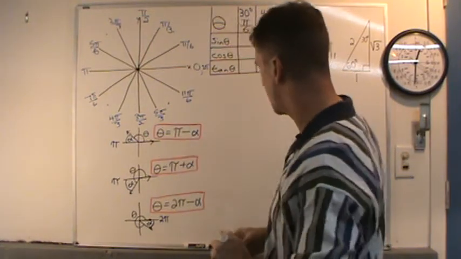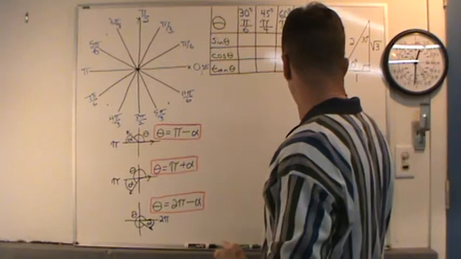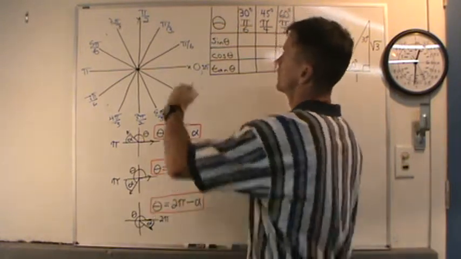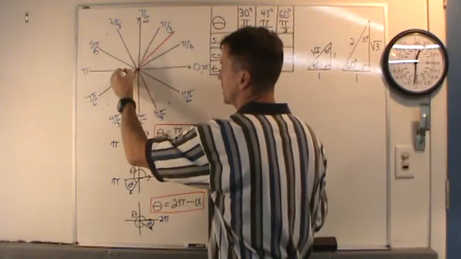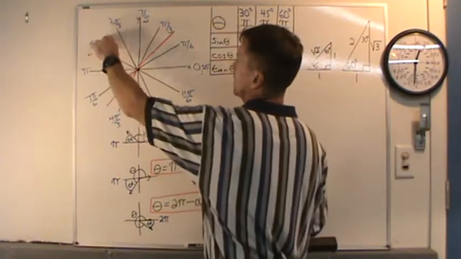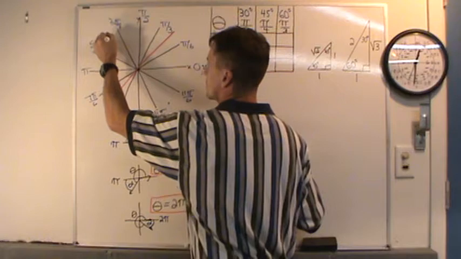Let's do increments of pi over 4 now. So 45 degrees, right about here. Alright, just going to cut through the middle. And in between these would be 45 degrees, so cut through the middle.